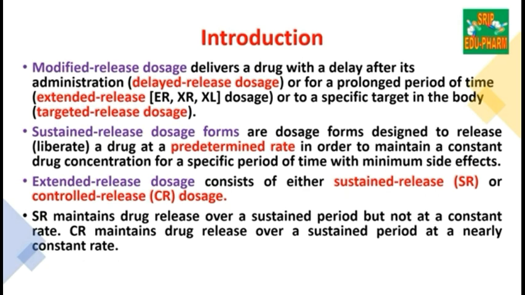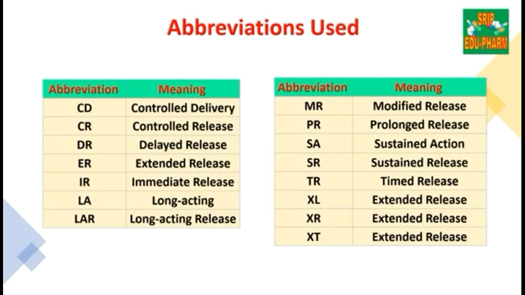Pharmacological factors governing the design of controlled release forms. Next we see the various controlled release mechanisms. The first one is diffusion controlled, in which matrix and reservoir systems are used, and the second one is dissolution controlled, in which matrix and encapsulation are used. The third one is diffusion and dissolution controlled, and the fourth one is chemically controlled, which are biodegradable systems.